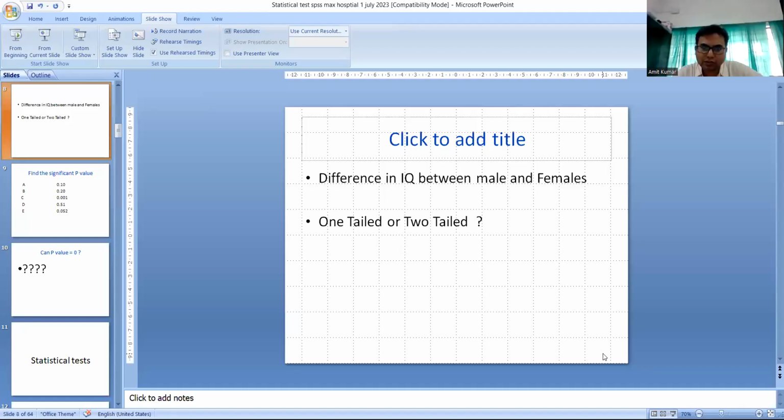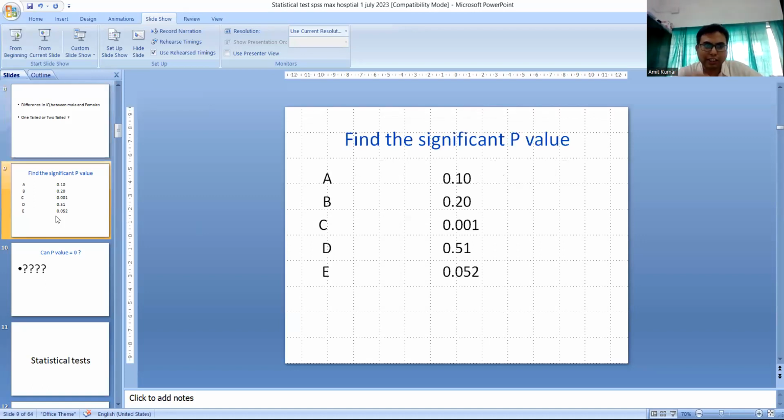I have to go to share screen. Just share screen, then this is my slide, and then I am sharing. Your slides are visible now. Now my slide is moving.